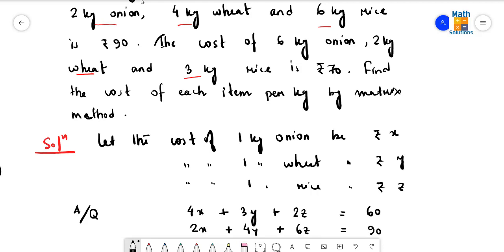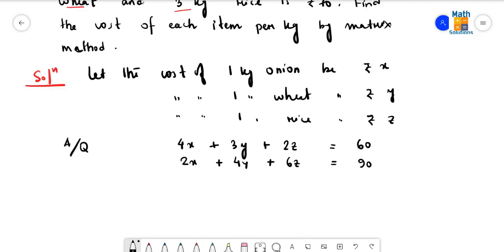Then after, what shall we get? From the last sentence, I shall be getting 6x plus 2y plus 3z is equal to 70.